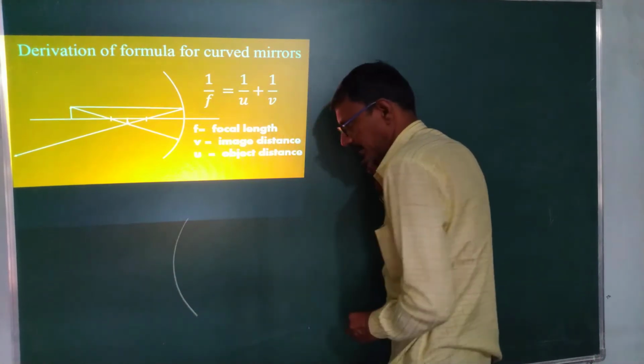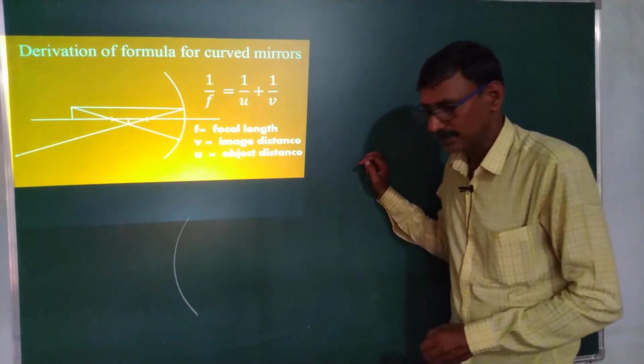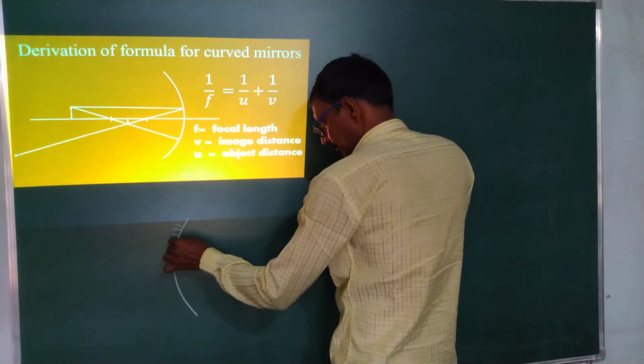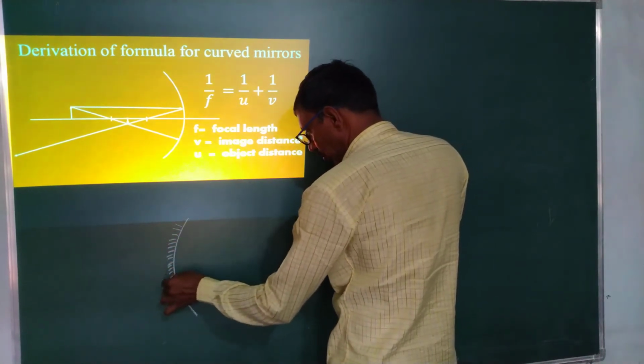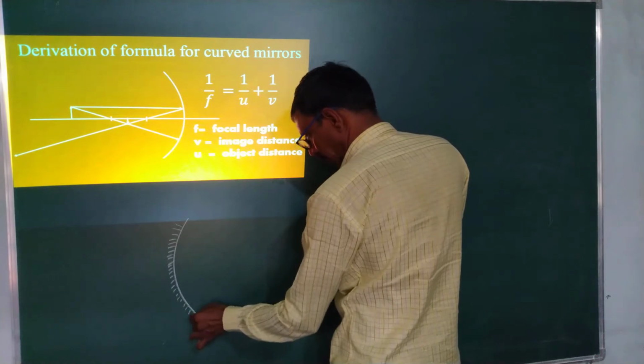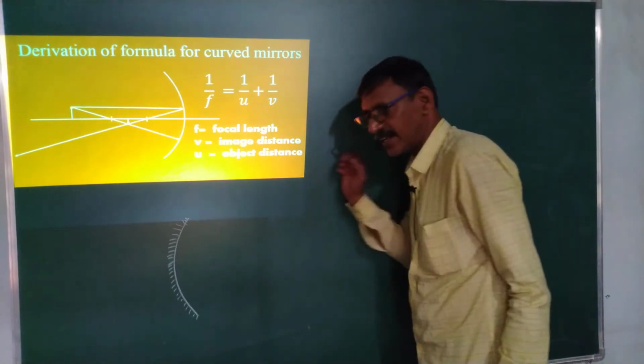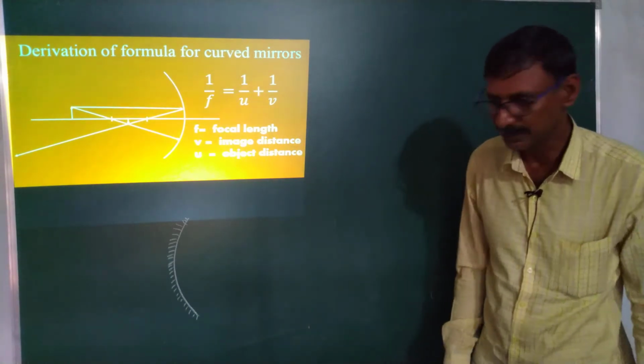Suppose this is my concave mirror. Curved outside, it is coated with silver, then it acts as a concave mirror.